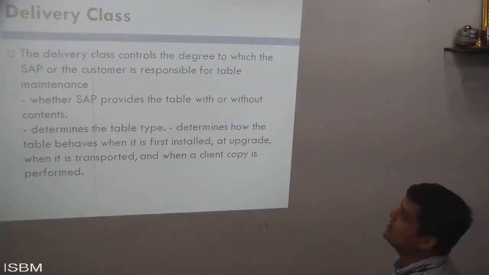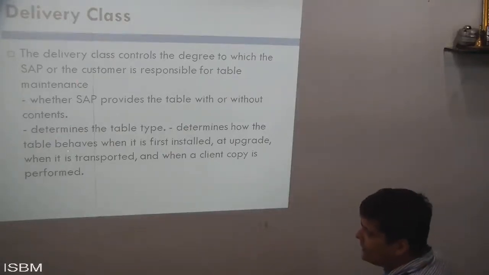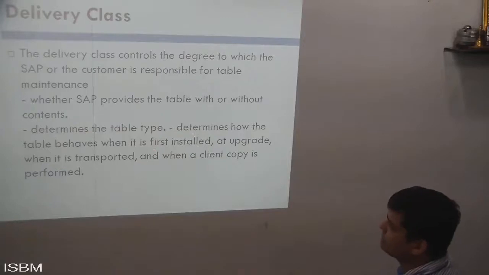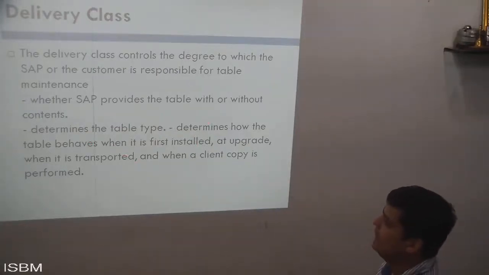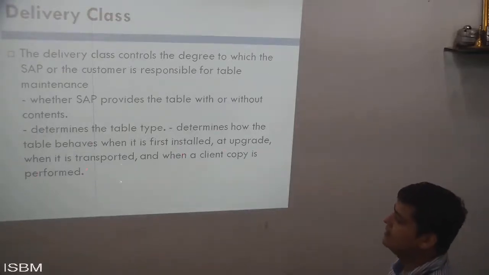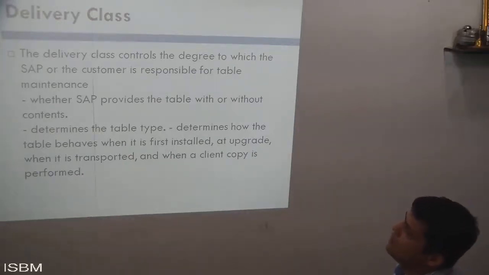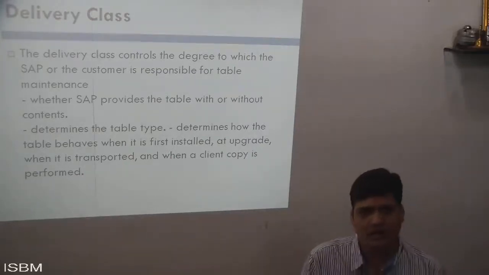It determines whether SAP provides the table with or without contents, determines the table type, and determines how the table behaves when it is first installed, at upgrade, when it is transported, and when client copies are performed. So it is all about your table.